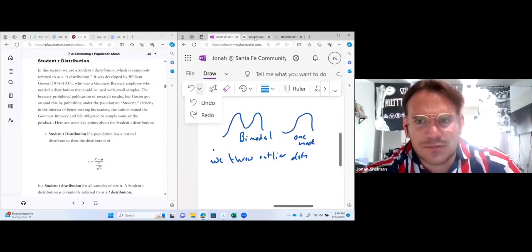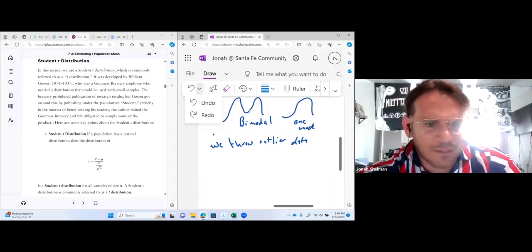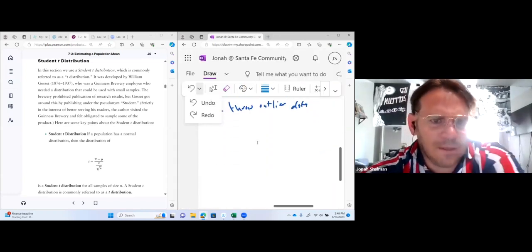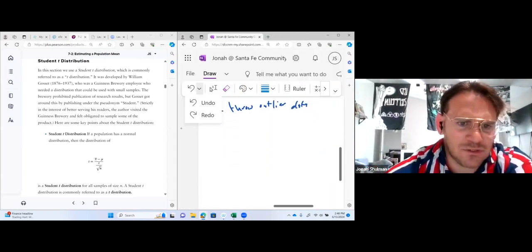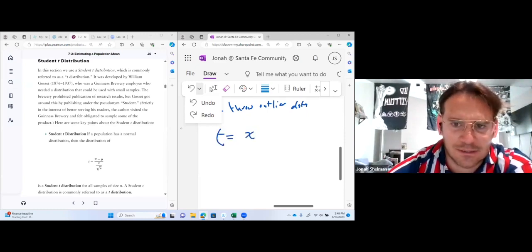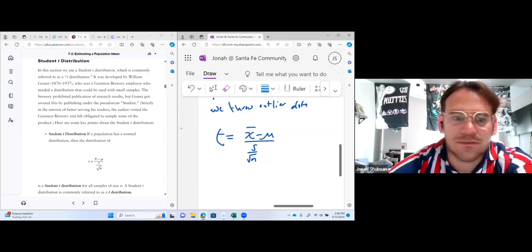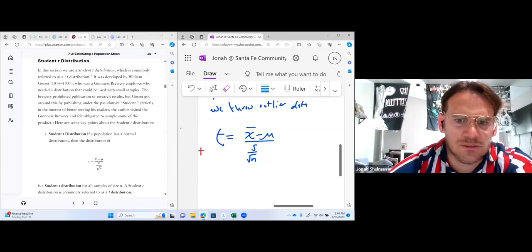All right, so here's our T formula. There it is. We finally get something. If the population is normal, then the distribution of T, which we usually call the T statistic, follows this. So what are all these parts? This is our T distribution.